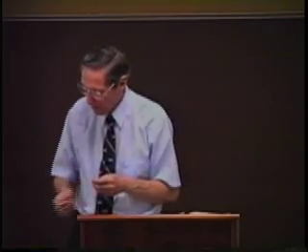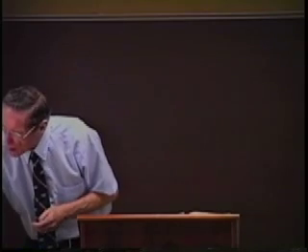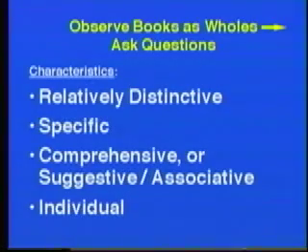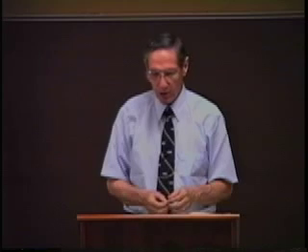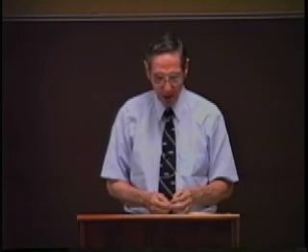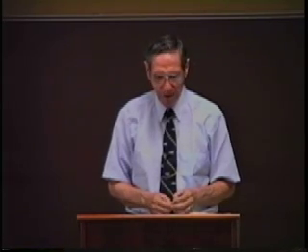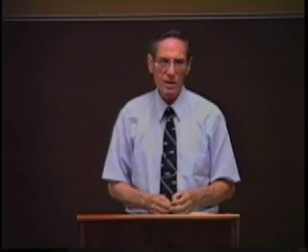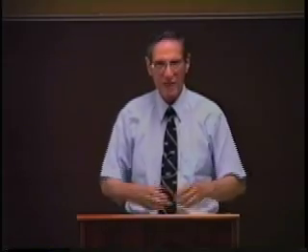And then chapter titles ought to be relatively distinctive. That is to say, they ought to point to that chapter as over against other chapters. And one of the ways of doing that is to be as specific as possible. For example, if you say in relation to the book of Mark, chapter 5, miracles of Jesus, you have miracles all over the place.